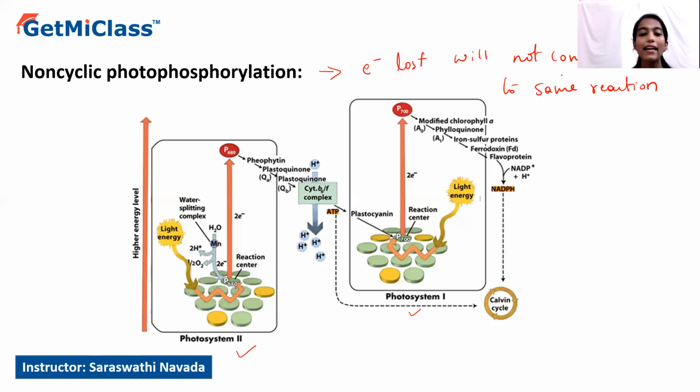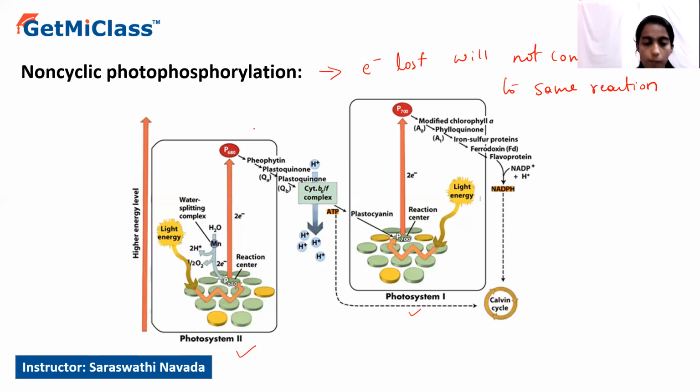So what happens in non-cyclic photophosphorylation? We'll see. When light energy falls on photosystem 1 and photosystem 2 simultaneously, as usual, excitation of the chlorophyll takes place. So photoexcitation takes place where the electron moves from ground state to higher energy state, resulting in the formation of the electron hole in both the photosystems.